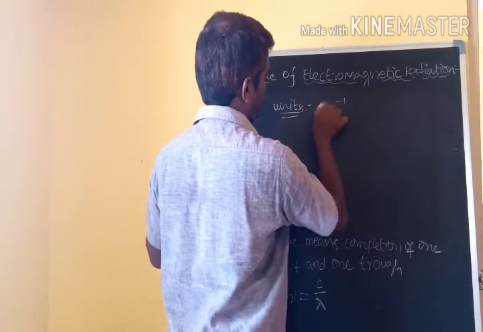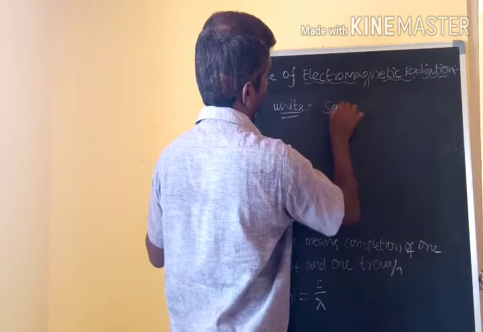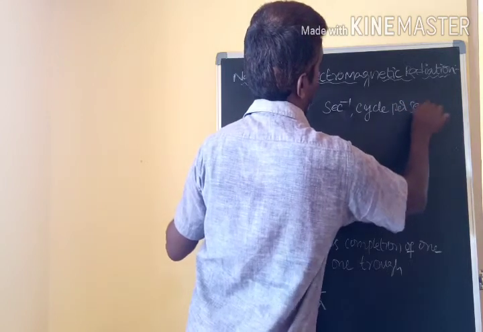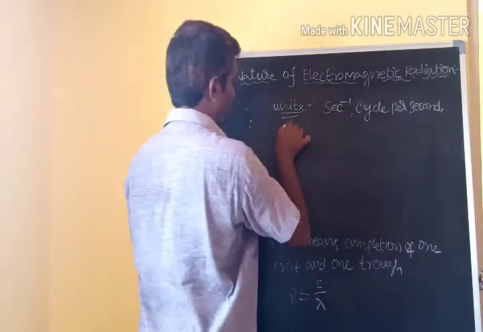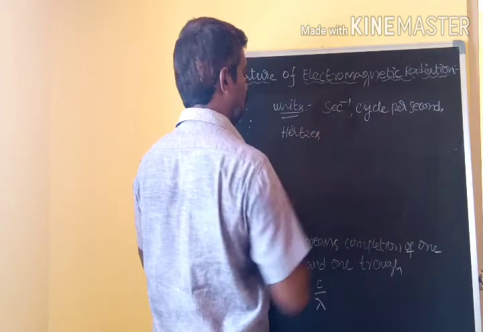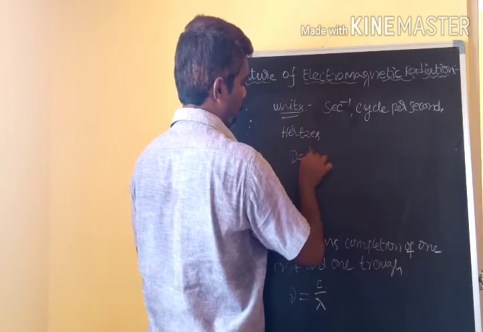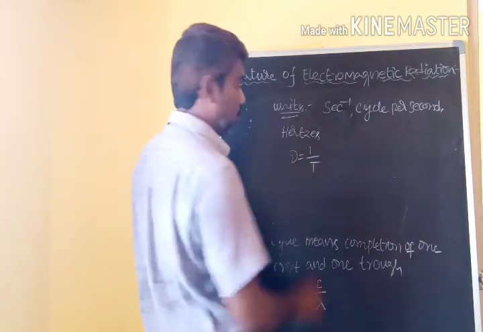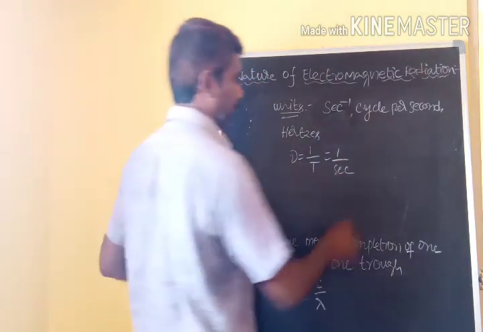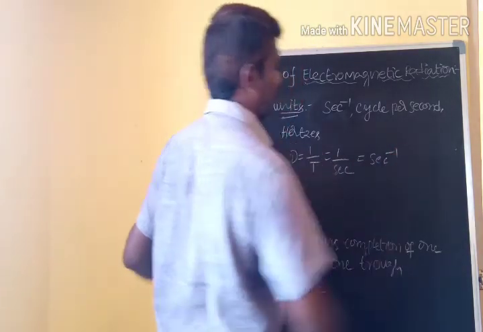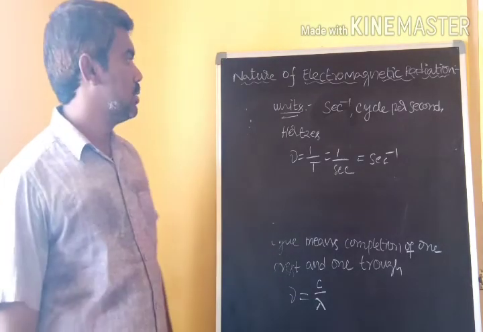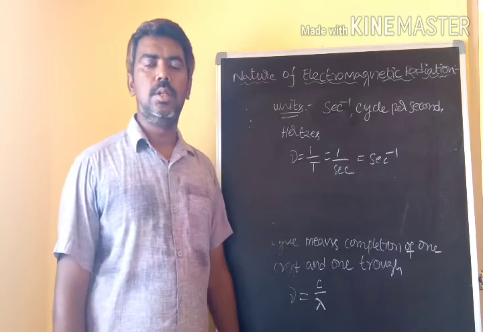Second inverse, or cycle per second, hertz. How to get the second inverse? Nu is equal to the reciprocal of time period, 1 by t, and the time period unit is second. So these are the units of frequency: second inverse, cycle per second, hertz.